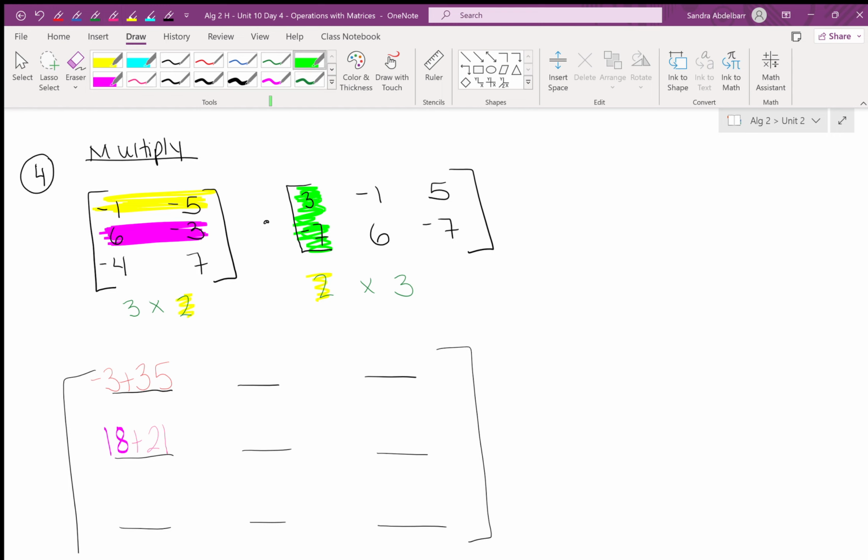Move down to your third element in your first row. -4 times 3 is -12. 7 times -7 is -49. So now you're going to do these 3 rows with the second column, and that's going to fill in your second column. Do we get it? Yes?